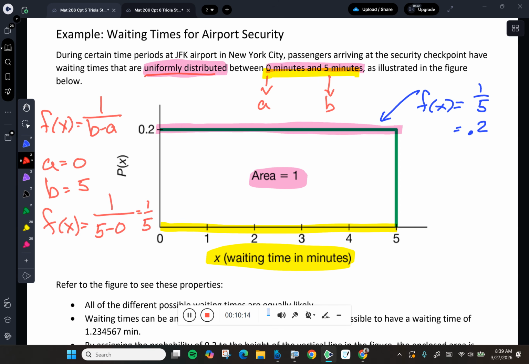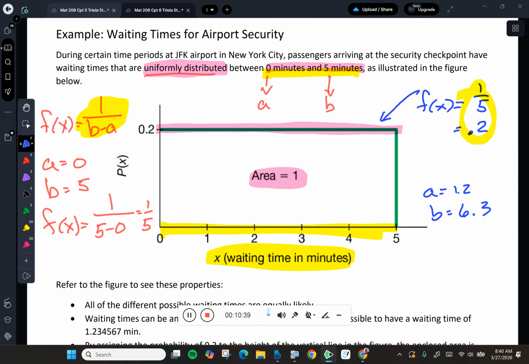Okay? Depending on how this information is given to you, sometimes the formula is really, really necessary. And sometimes it isn't. Sometimes you can just look at it and go, oh, that's 5, so this has to be 1/5, and I'm done. But let's just make up some random scenario. What if they told you A was 1.2 and B was 6.3?